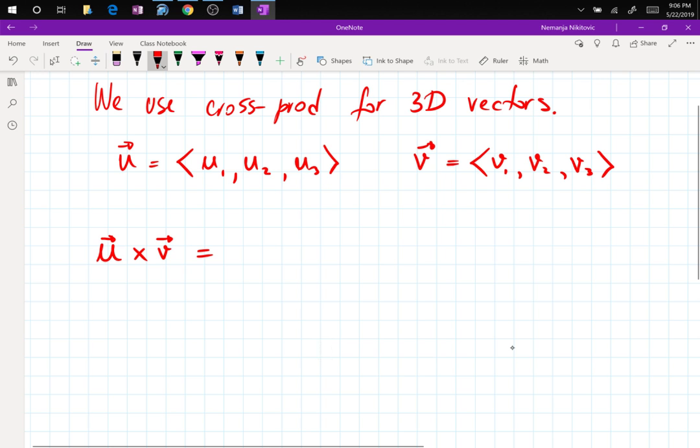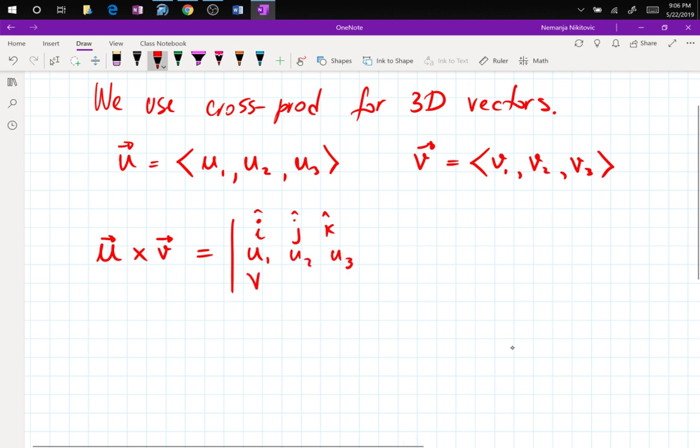So we start with the first row as ijk, the unit vectors. The next row is your first vector that you're multiplying, so u1, u2, u3.